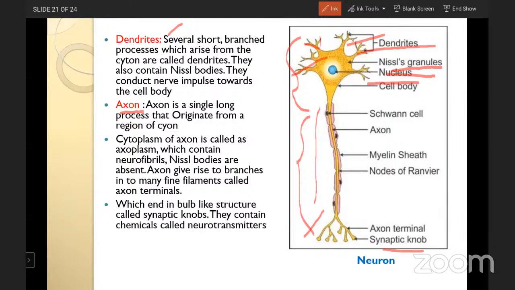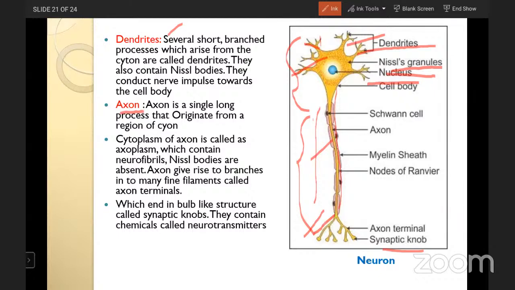Axon. Axon is a single long process that originates from a region of the cyton. The cytoplasm of the axon is called axoplasm, which contains neurofibrils, but Nissl bodies are absent in axoplasm. Axon gives rise to branches into many fine filaments.